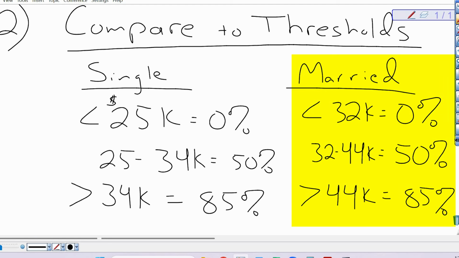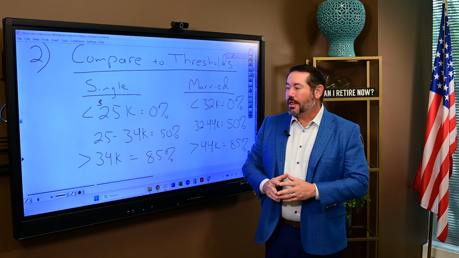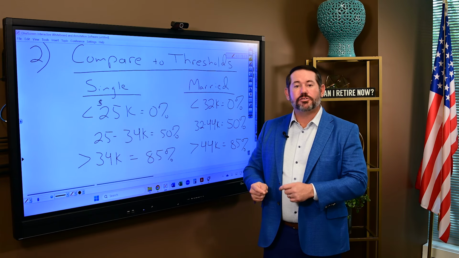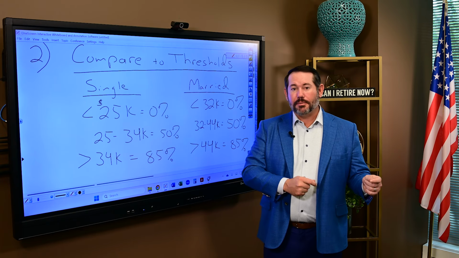Here are your thresholds if you're married filing jointly. So it's less than 32,000, between 32 and 44, and then greater than 44,000. One important note here is that these numbers, 0, 50, and 85, are not the tax rate that you'll pay on your benefits. That's just how much of your benefits are then potentially subject to income tax.